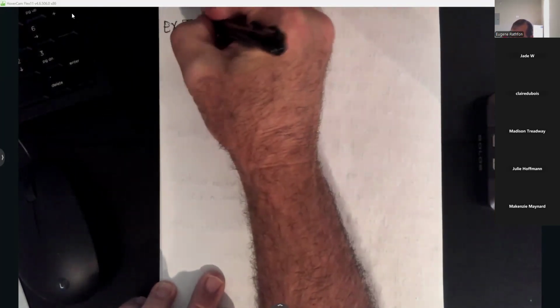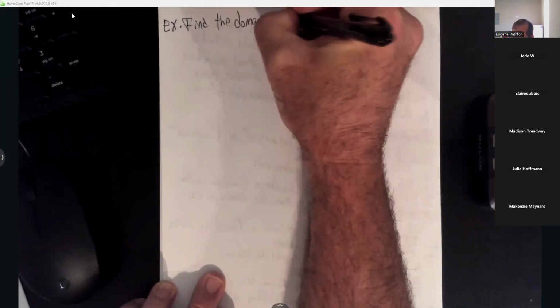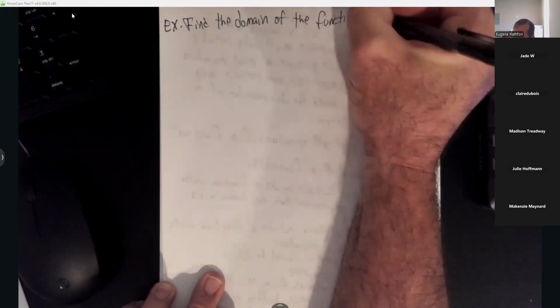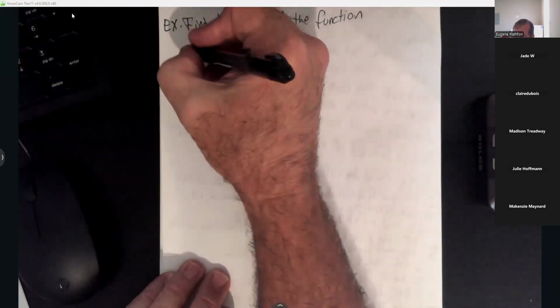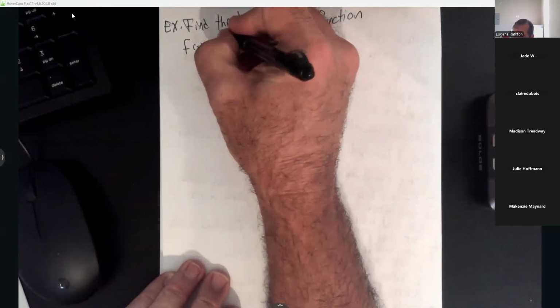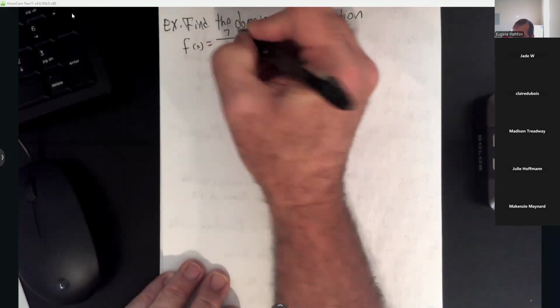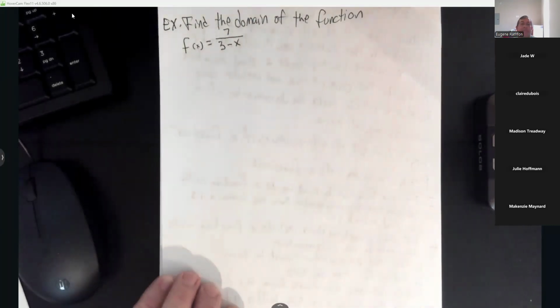So y'all, for these examples, they're going to say, find the domain of the function. So let me just give you one real quick. What if I had f of x equals 7 over 3 minus x?